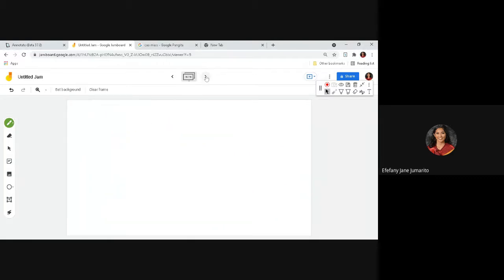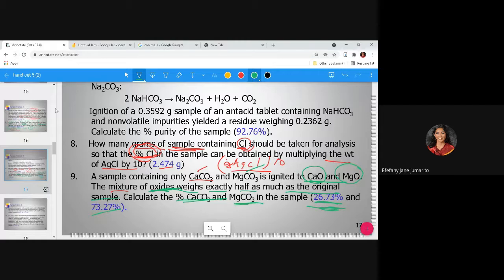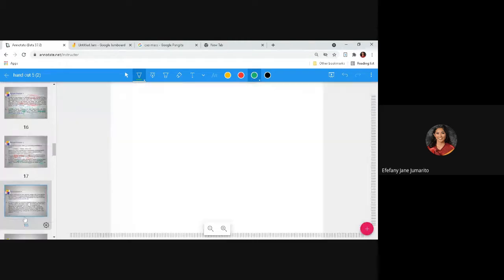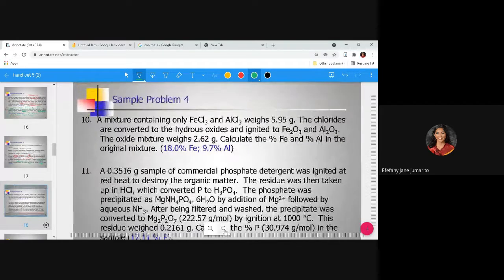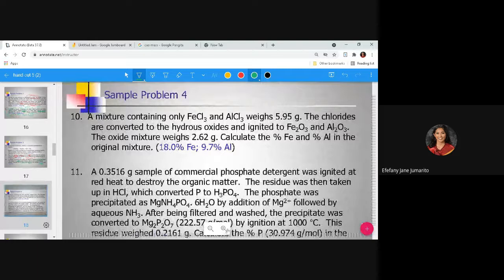All right, now let's go to number 10. Then we are done after 11. Okay, we have this one, number 10. Number 10, you treat this thing also the same to number 9. So let's do that.